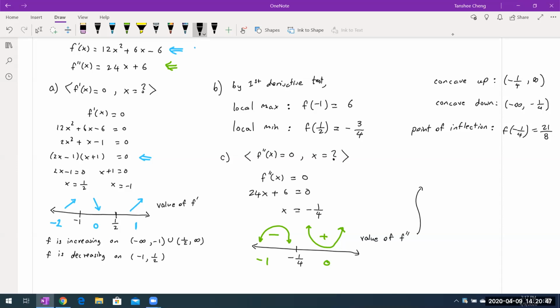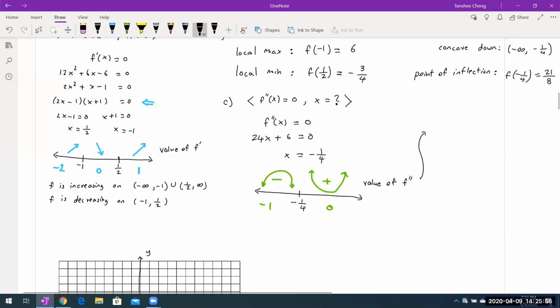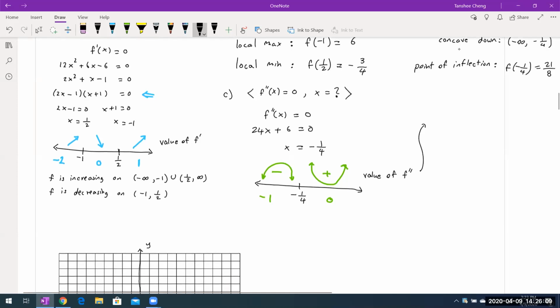And using all of those, what we want to do is sketch the graph. So in here, I'm going to place where my local max, local minimum, and the point of inflection are, right? So my local maximum is at -1 and 6.